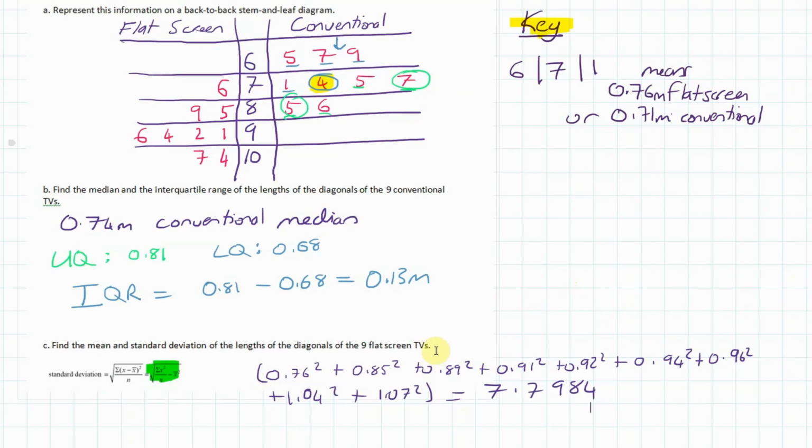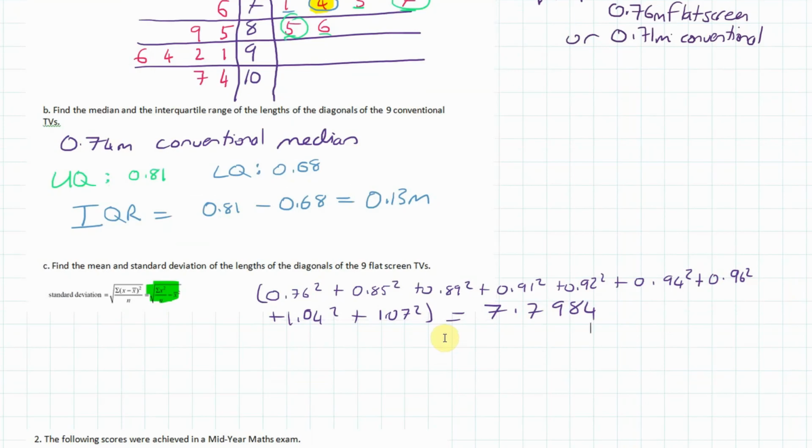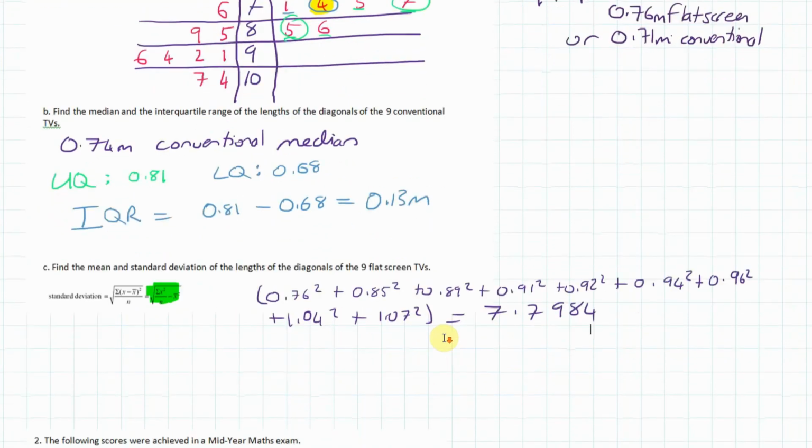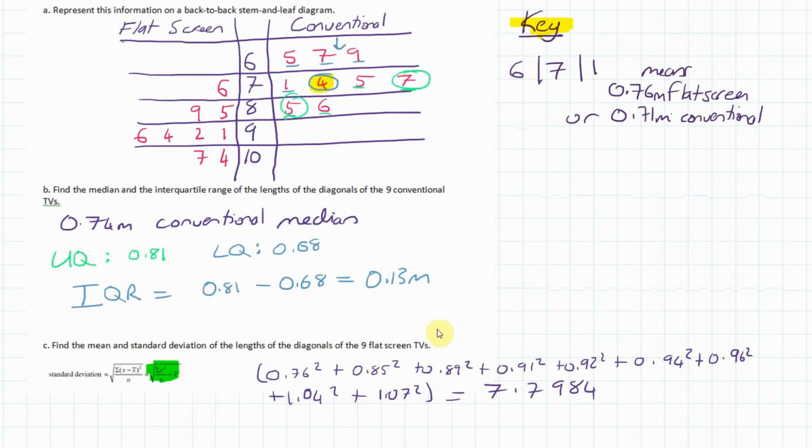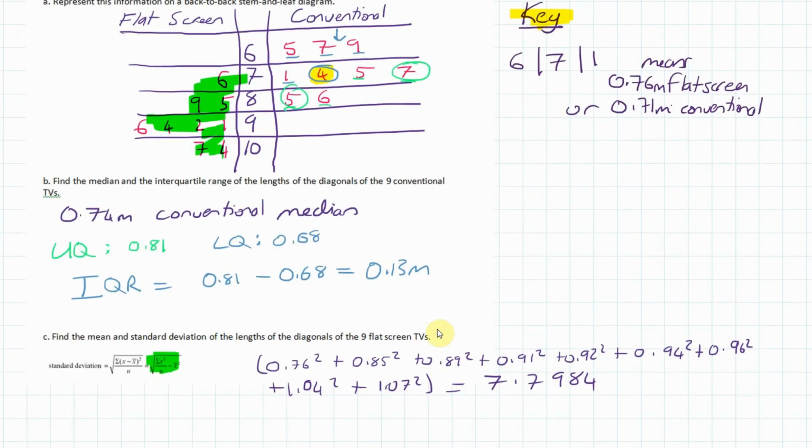And now the number of items of data that we have is n, so we've got 9, and we need to find the mean. So to find the mean, I'm just going to add all of these up.